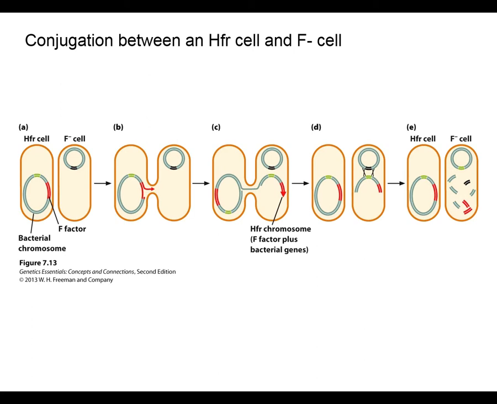The red section is not completely transferred, but a different gene is transferred, and so this F- cell might have a new genotype. So for example, if this black allele was Lu- and this green one is Lu+, then the F- cell, which is Lu-, recombines and becomes Lu+. So it's still an F- cell, but it might change genotype for one of its genes if that crossing over event happens.